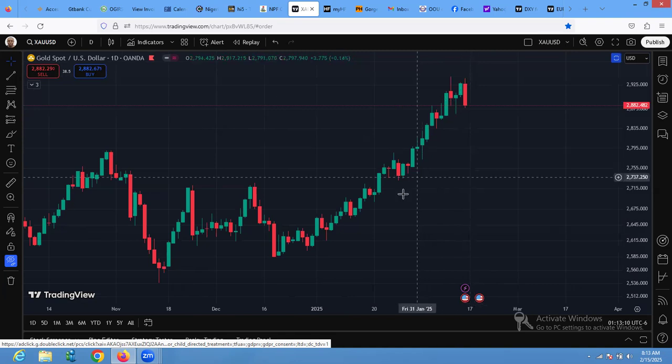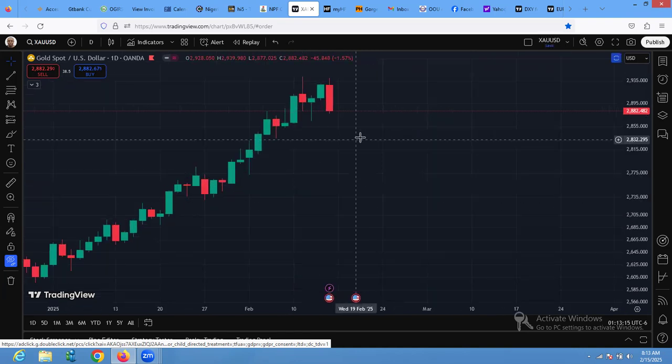So if I were you, if I want to trade this to the downside, I will wait for price to retest this area of support that will flip into resistance. This zone here is where I will be looking for price to come to.